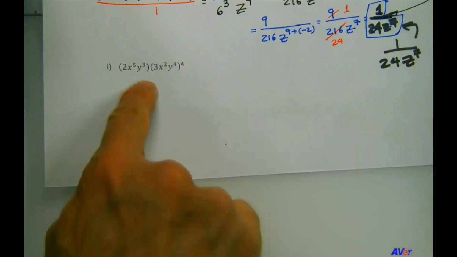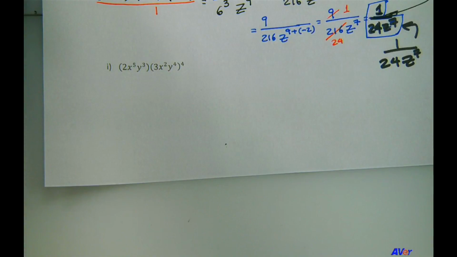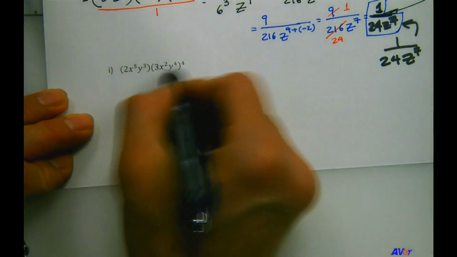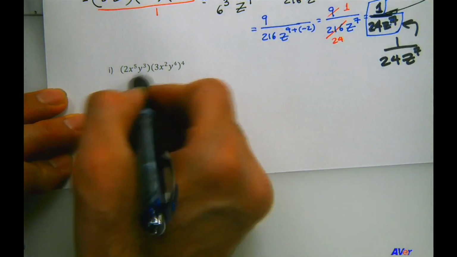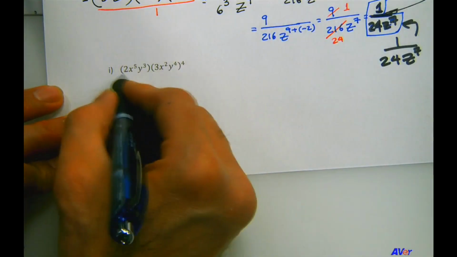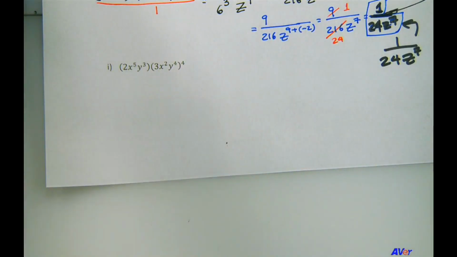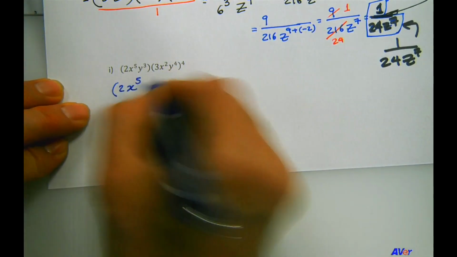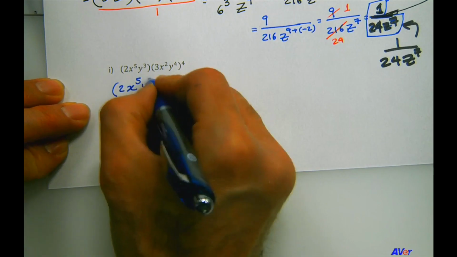Okay, so let's handle this case. We have this parenthesis that has a power on the outside and this one that doesn't. So for now, let's write this down as it is. So 2 times x to the 5th power y cubed.